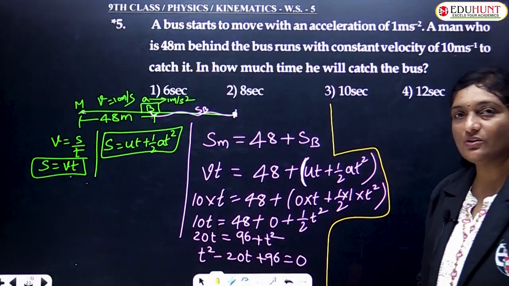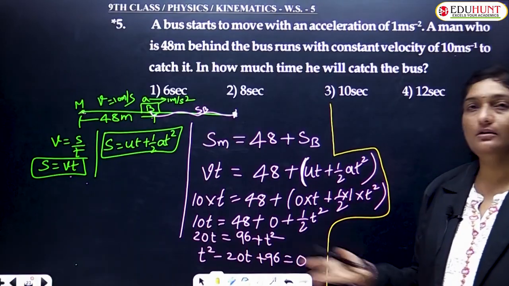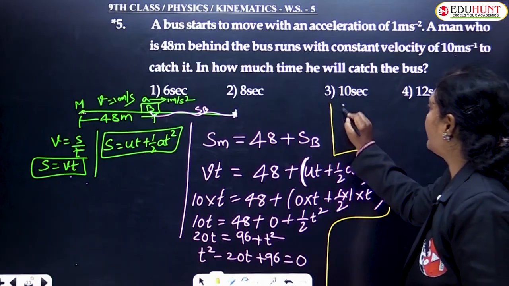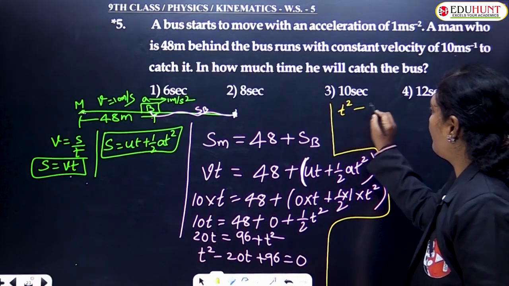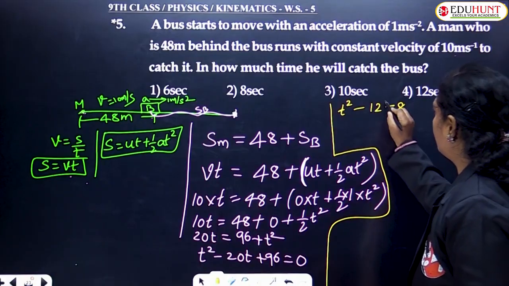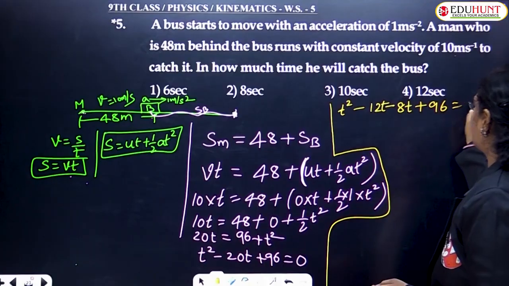Okay, so 12 into 8 is 96. If you add 12 and 8, you will be getting 20. So you can write it as t square minus 12t minus 8t plus 96 equals 0.